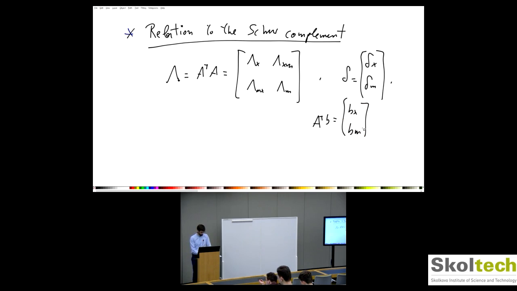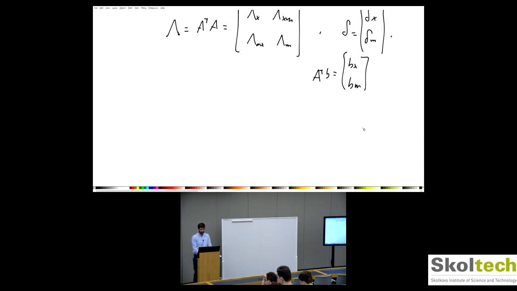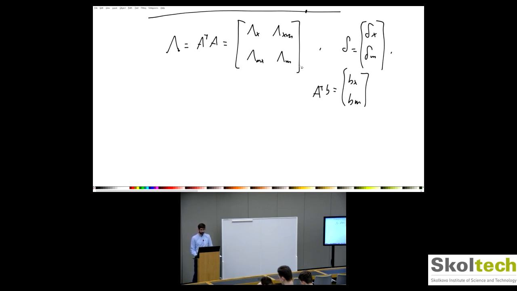And what we did last lecture when I was talking about the Schur complement is saying that since this thing is diagonal, we can do a very efficient way of eliminating this block matrix from the full information matrix.